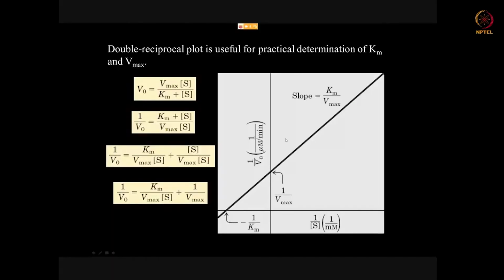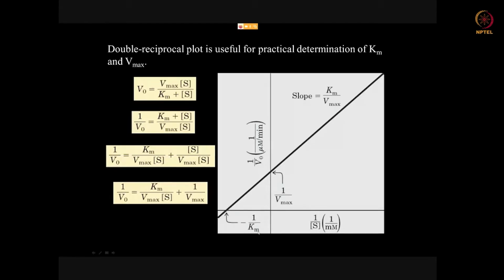Now going by that, we know the slope. Slope for the straight line will be m, and therefore it is Km by Vmax. The slope of this line is Km by Vmax. And the y-axis intercept will be c in the equation for a linear line, and therefore it is 1 by Vmax.